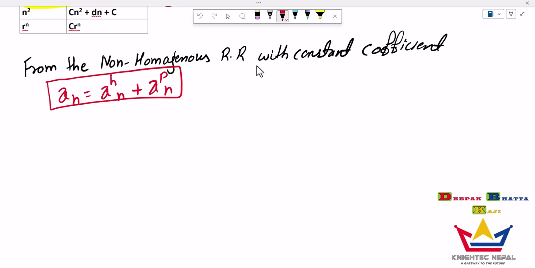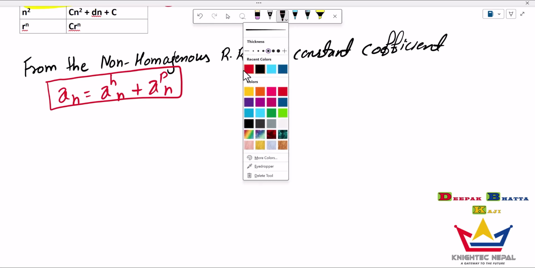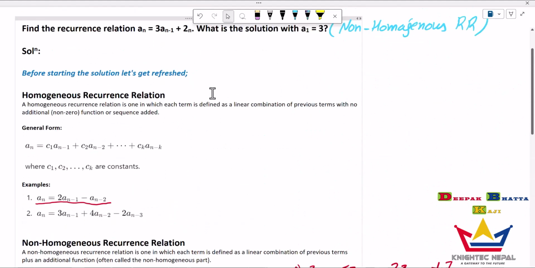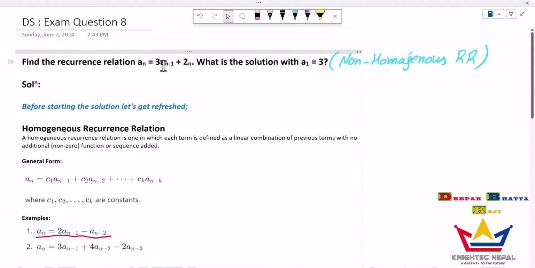Now we need to find a_n^h = 3a_{n-1}. In the given question, a_n = 3a_{n-1} + 2n. So 3a_{n-1} is the a_n^h. a_n^h is the solution of the associated homogeneous recurrence relation, and this 2n is the additional function.